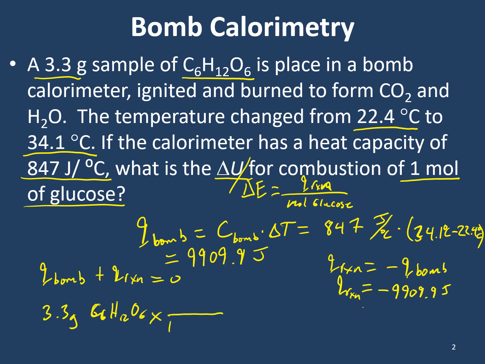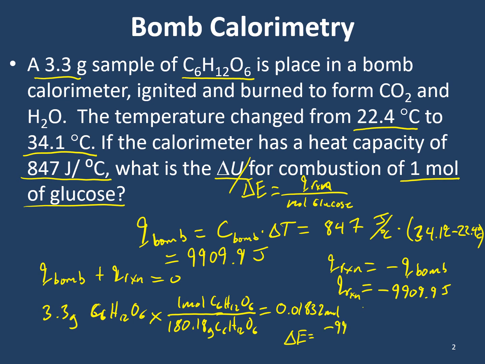Now, calculating that molar mass, we get 180.18 grams of C6H12O6 per 1 mole of C6H12O6. And this will get us 0.01832 moles.